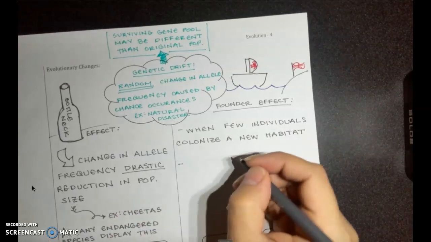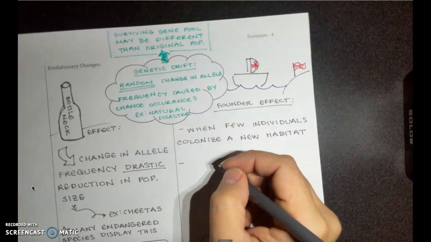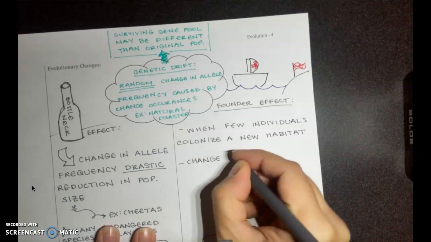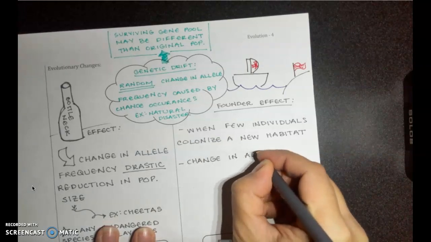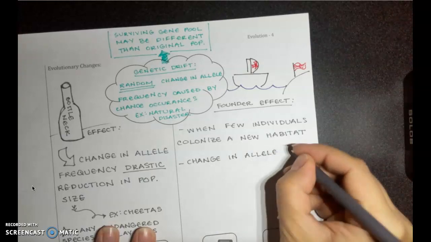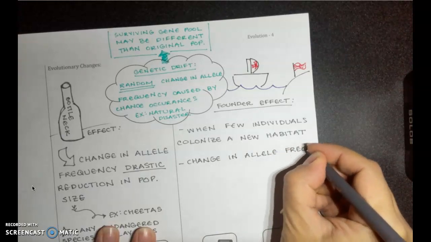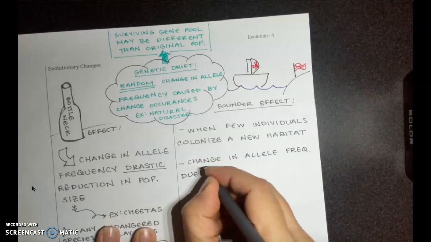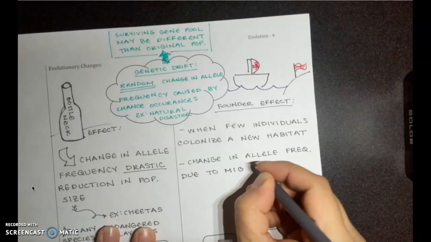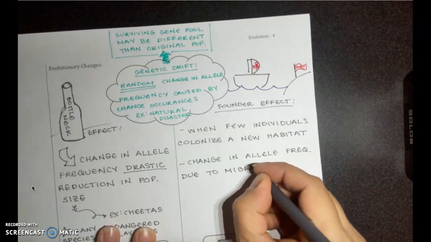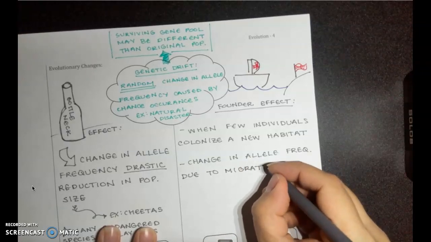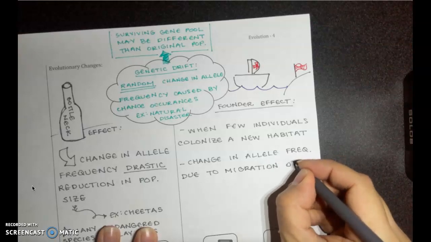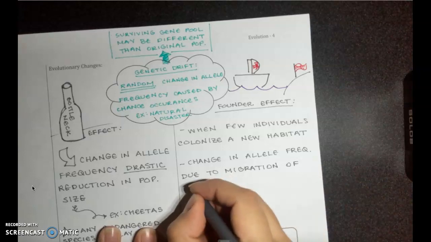And then this change in allele frequency is due to migration of a small subgroup. And I would be really careful here too. When I say migration, really I mean a kind of permanent migration. So really it's more of an immigration action here. And it's a small subgroup of individuals.